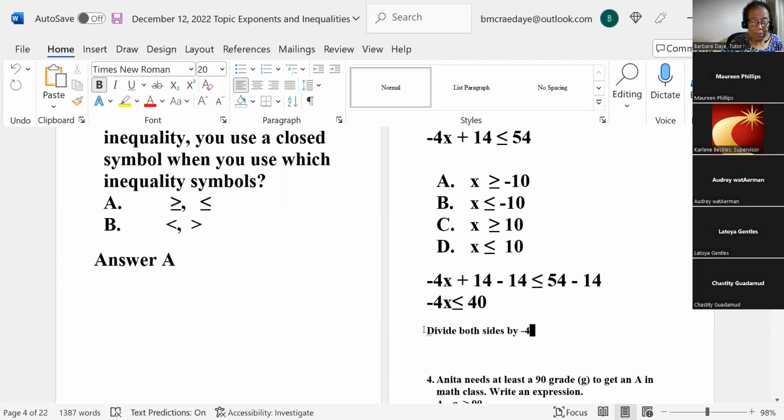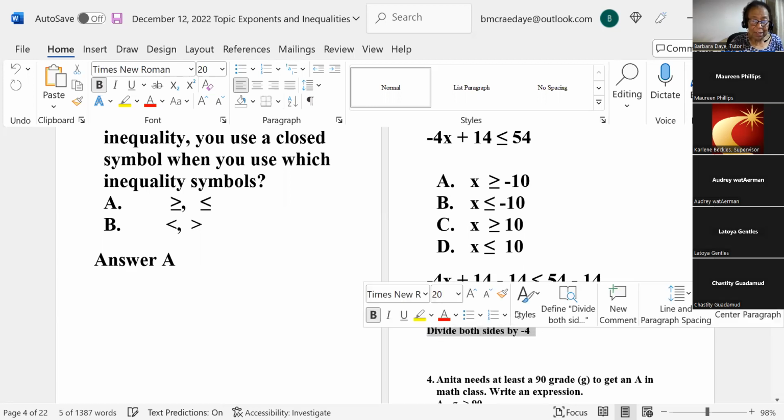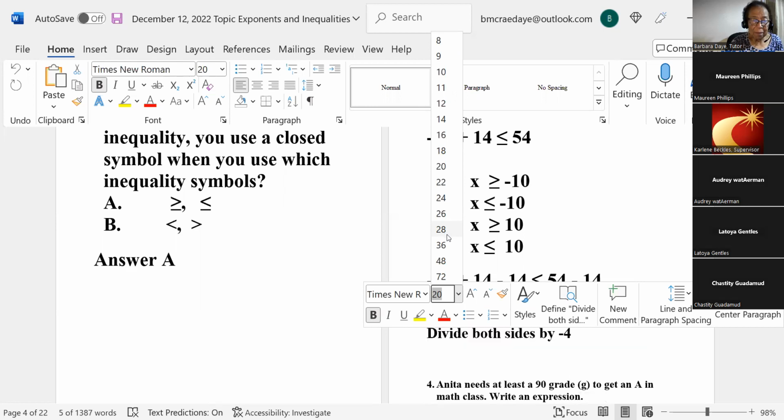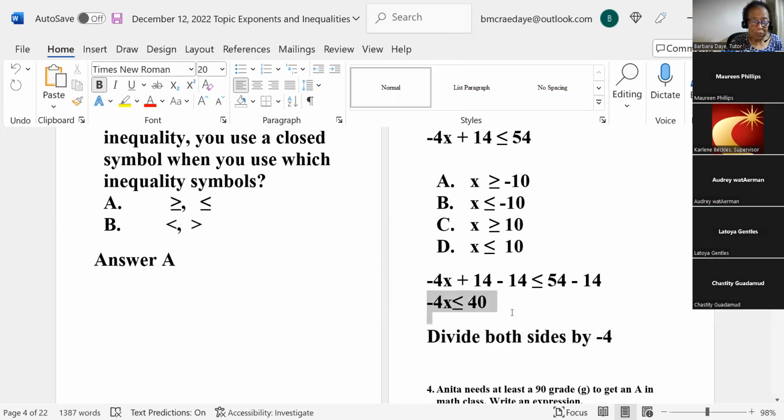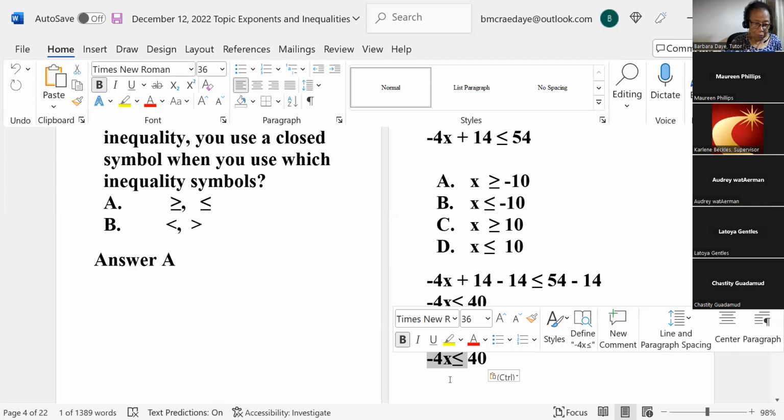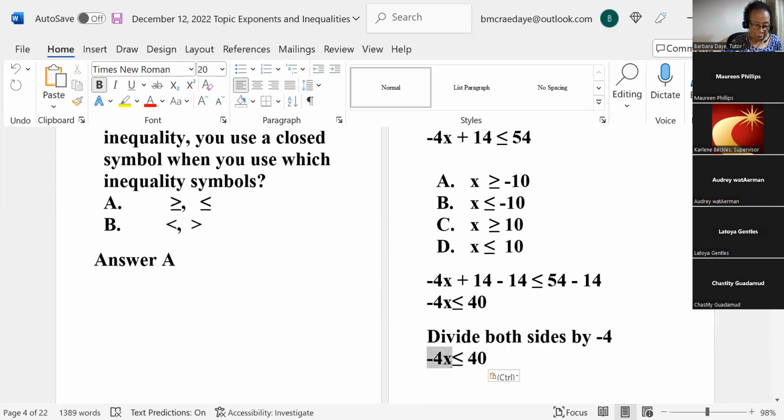Yes, it's a negative 4. So you divide both sides by negative 4. Let's make that bigger. So let's just take this, divide both sides by negative 4. So that's the minus 4x divided by negative 4. Let's just put the negative 4 underneath this. Okay, so we have a negative 4. And let's divide our 40 by negative 4.